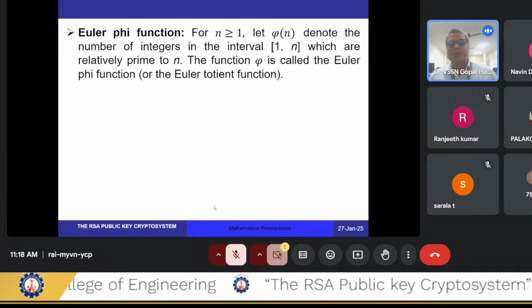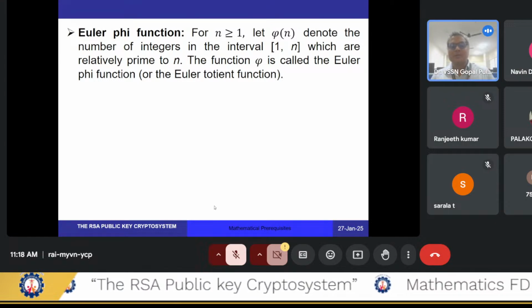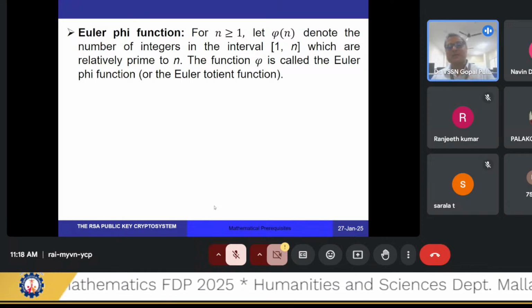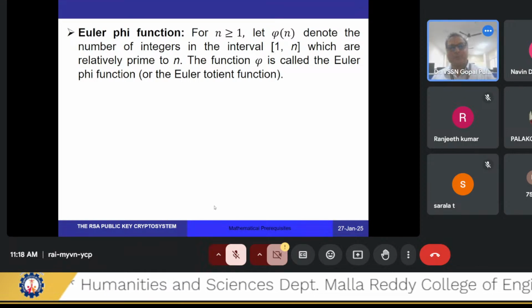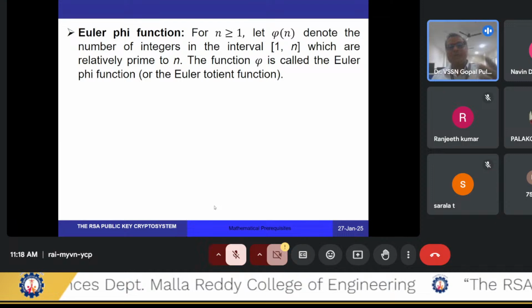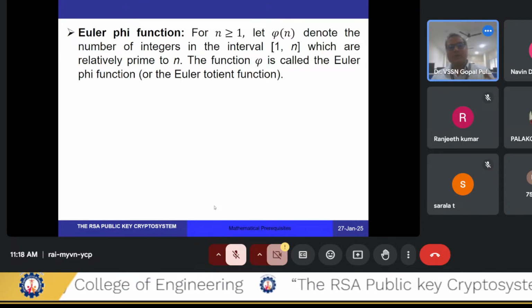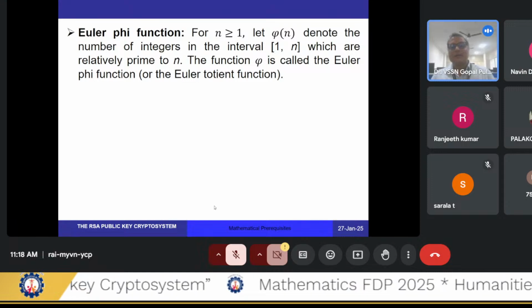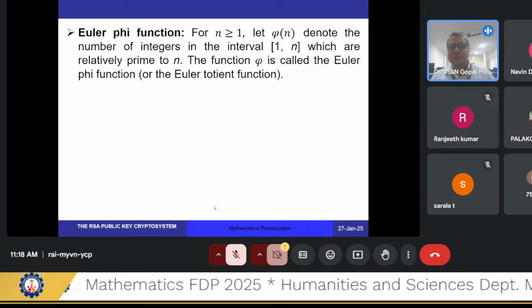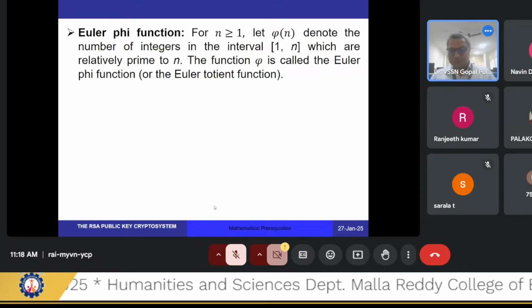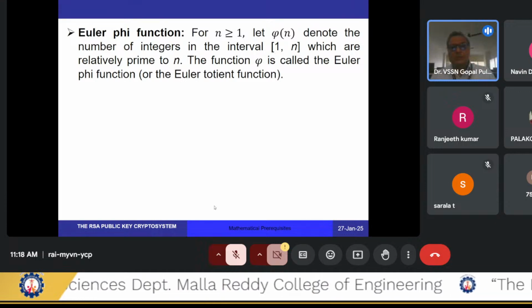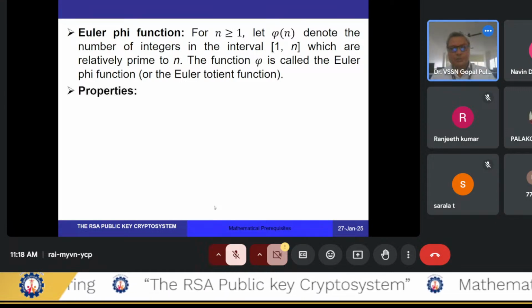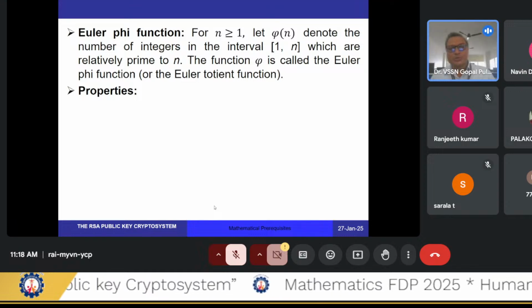By phi of n, we mean the total number of positive integers which are lesser than n and are relatively prime to n. This is also called the Euler totient function.